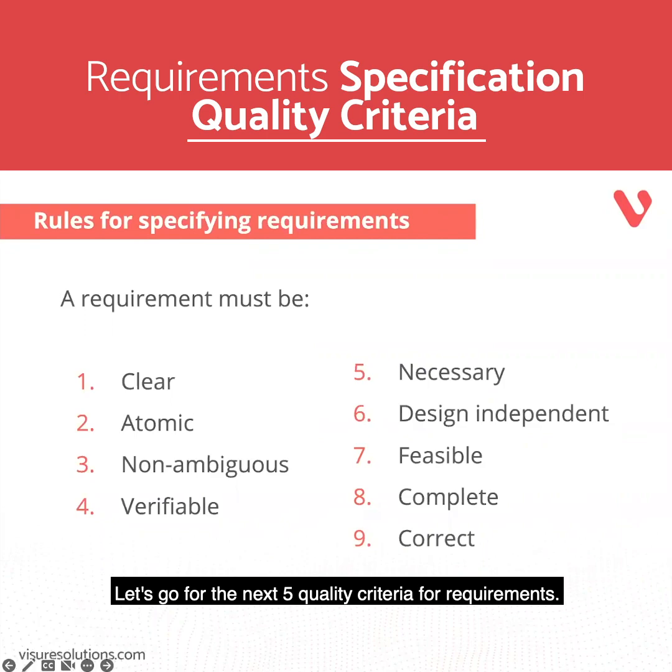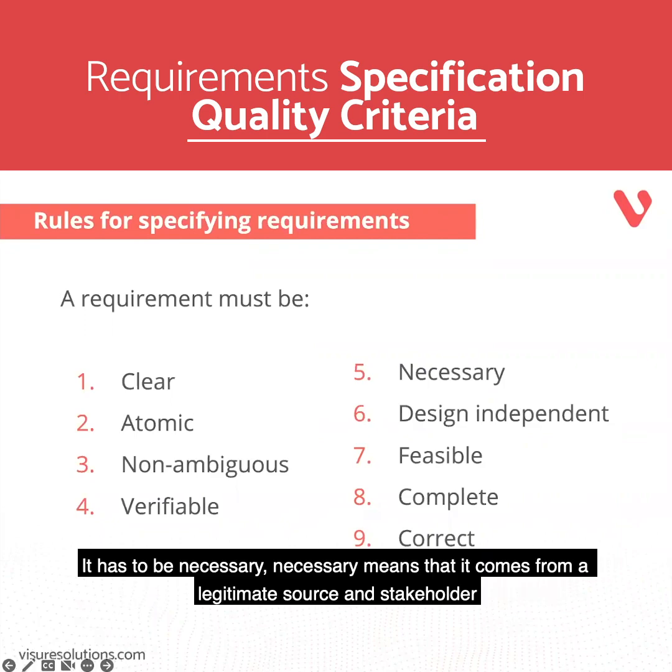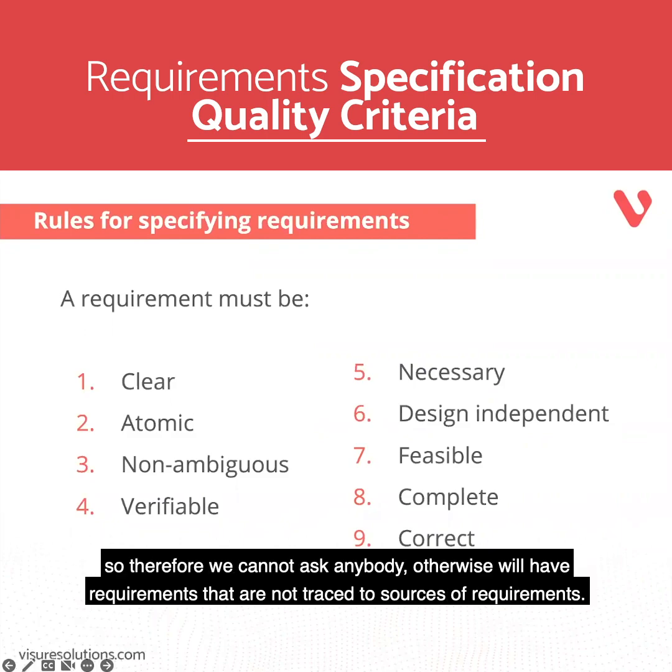Let's go for the next 5 quality criteria for requirements. It has to be necessary. Necessary means that it comes from a legitimate source and stakeholder. So therefore, we cannot ask anybody. Otherwise, we'll have requirements that are not traced to sources of requirements.